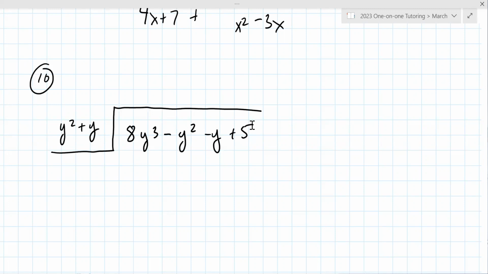Yes. This one does not work out nicely. So is it 8y minus 9 plus 8y plus 5 over y squared plus y? Yes. Very good.